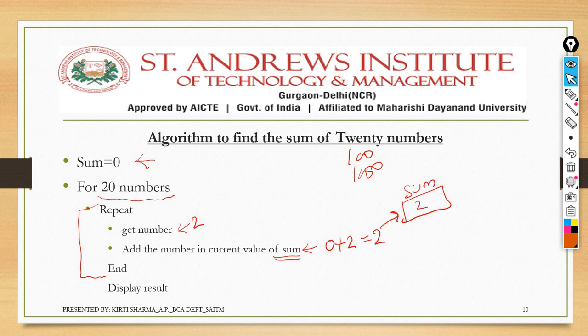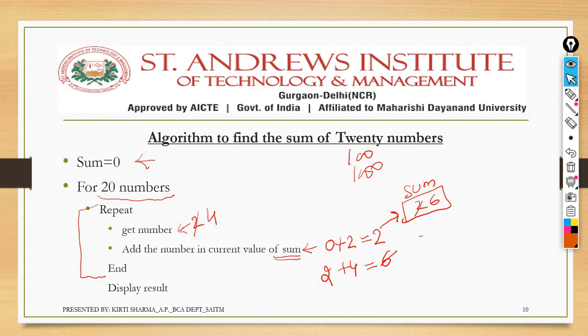So the next time we come here for the next number, the next num value is 4, so we are adding 4 to the current value of sum. The current value of sum is 2. Now what is the resultant value? 6. Now again it will update it with 6. Now what is the value of sum? 6.